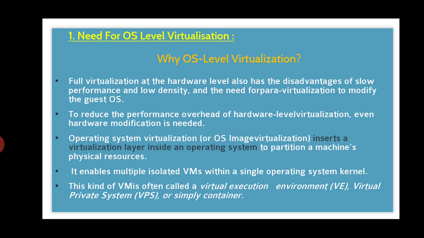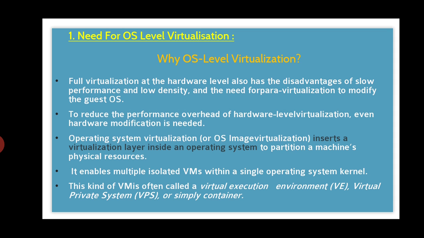As a matter of fact, there is considerable repeated content among virtual machine images. Moreover, full virtualization at the hardware level has the disadvantages of slow performance and low density, and the need for para virtualization to modify the guest operating system. That is the need for operating system level virtualization.